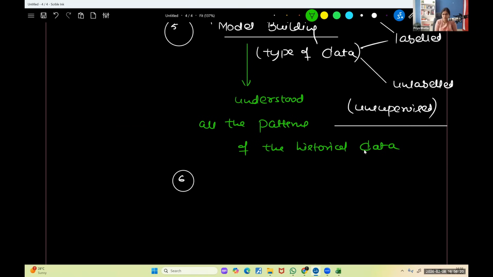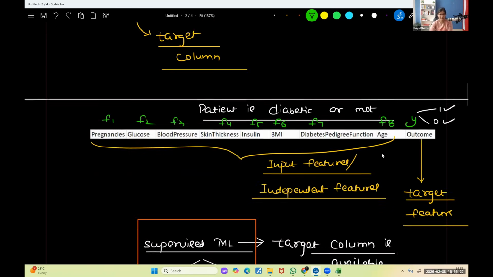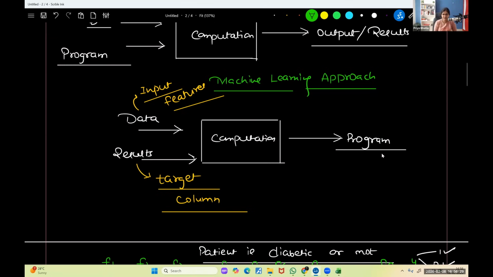So now my model has that program in it, as we covered a few minutes back: when we give data and results, it will provide a program. Program means over here it is able to have some interesting patterns in it.